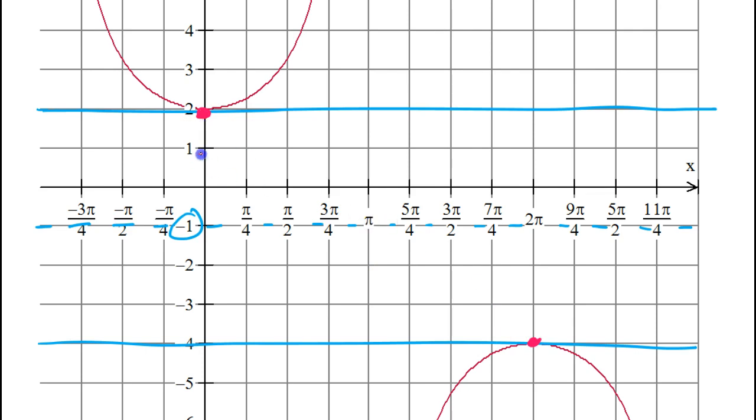So I'm counting and I'm noticing 1, 2, 3, 4, 5, 6, 7, 8. Horizontally, these are 8 apart. So if I go over 4, 1, 2, 3, 4, this is where it should cross over the midline. So here comes the first part of my cosine function. Alright, it should be passing through the midline right there, and then coming back.